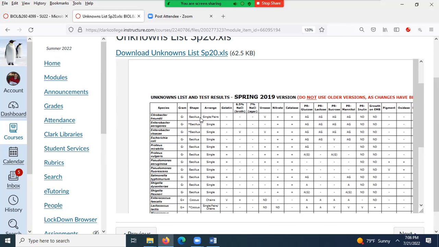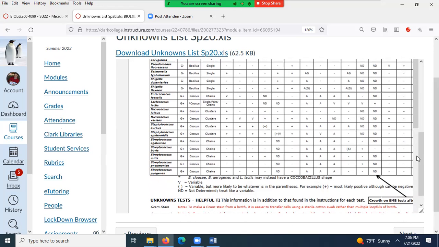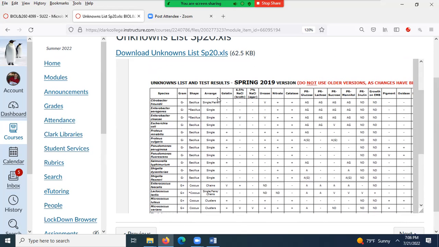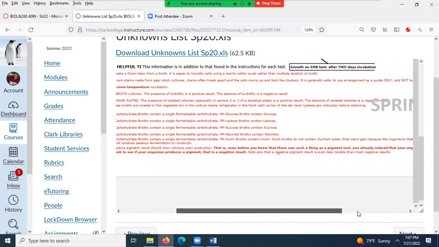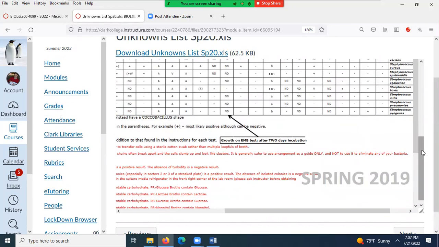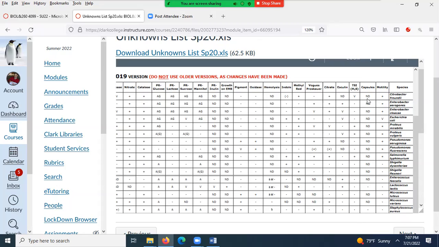So here on the left, we have the different species that it could be. And on the top, we have the different tests you can run. It runs further than this is showing. And you have to identify the different species. And how we're going to do this is I'm going to give you a bacteria number, which is going to represent one of these bacteria species.